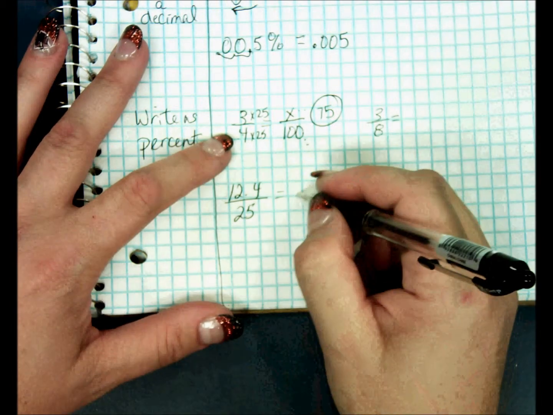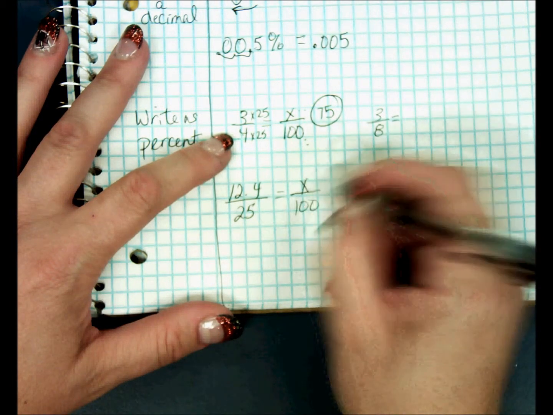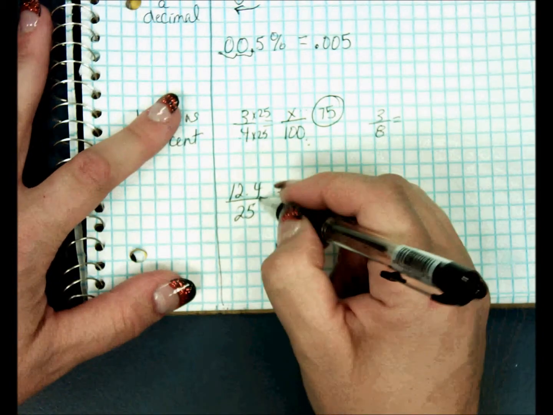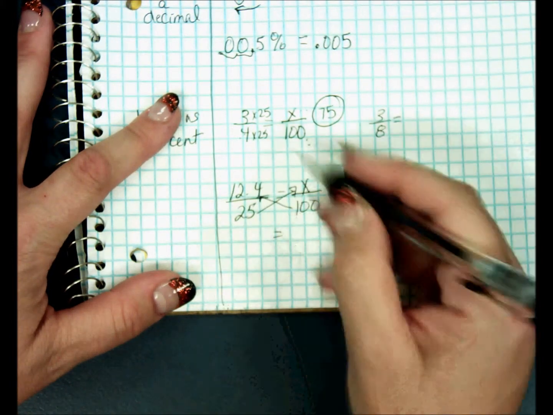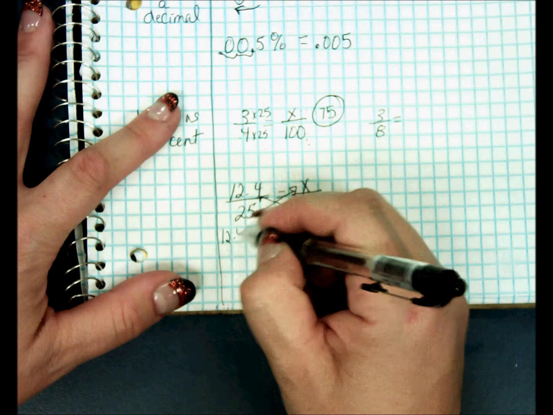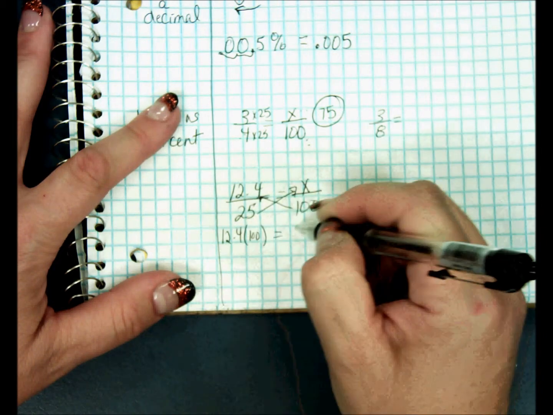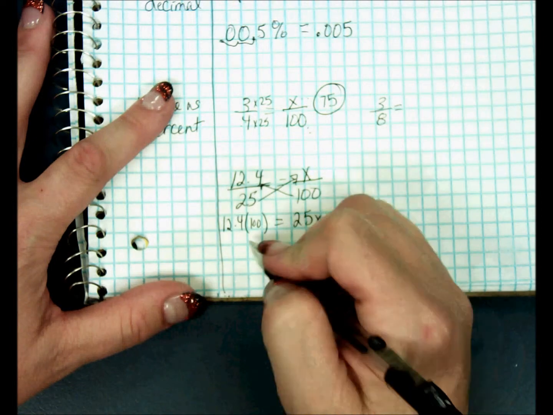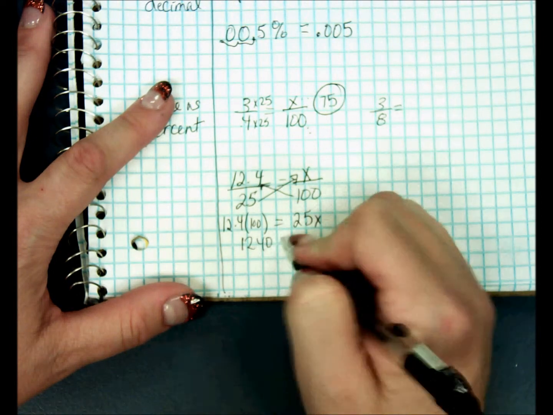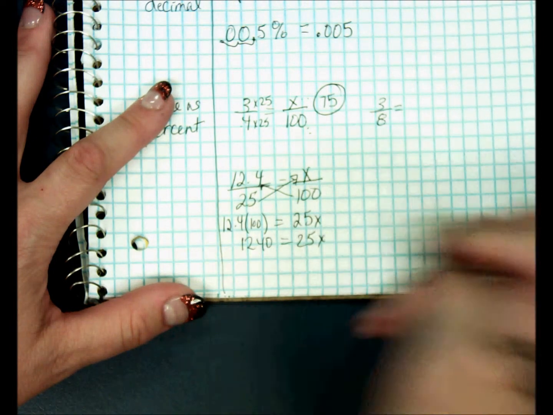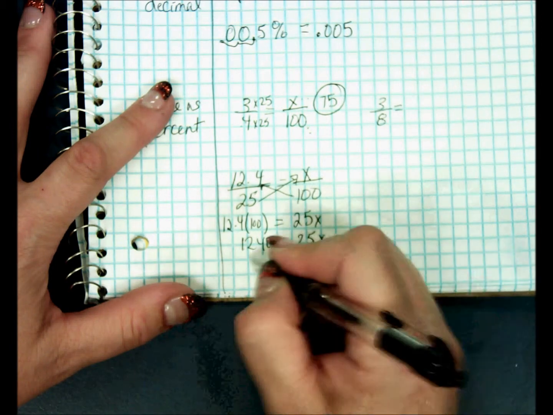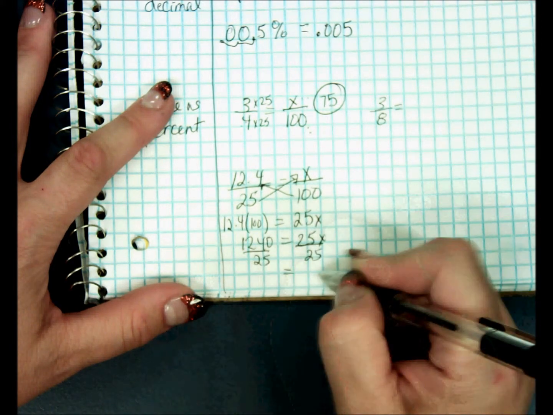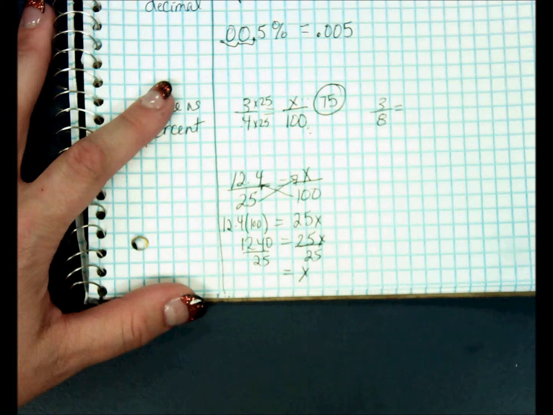Down here, if you do the same thing again, you can do your cross multiplying, and you get 12.4 times 100 and 25 times x. Multiplying here and cleaning that up, now we divide by 25. Let's see.